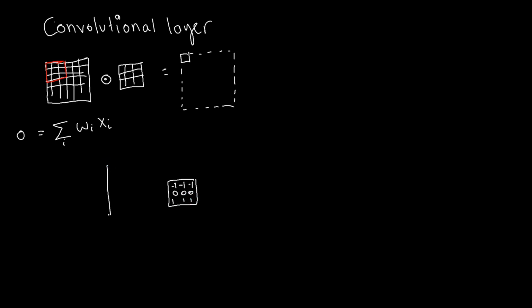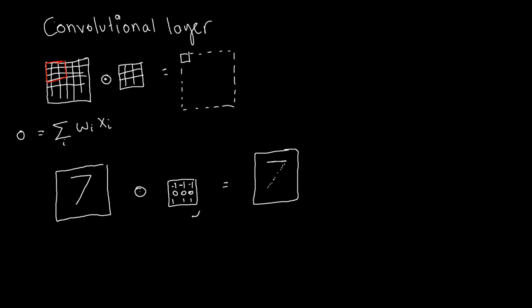If you have an image like that, which will be a 7, and you apply this filter, it will output a high value in this zone, a lower value in this zone, and nothing on the other side. What does it mean? That this filter, for example, recognizes the horizontal edge. So it is an edge filter, and it works really well, and also compresses our image and reduces its size.